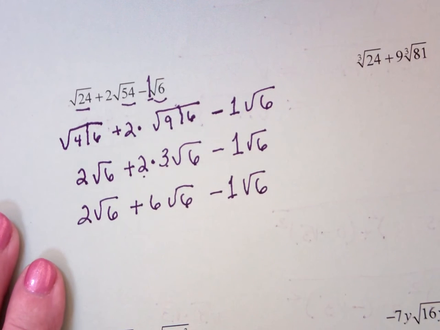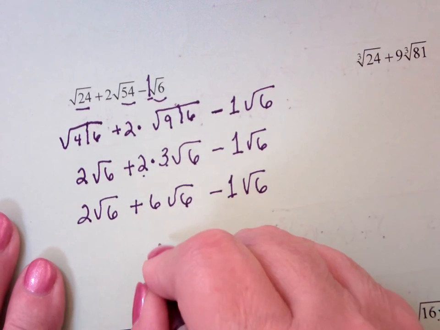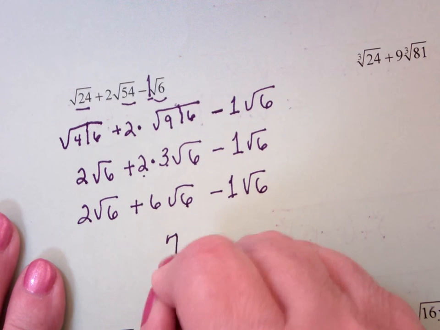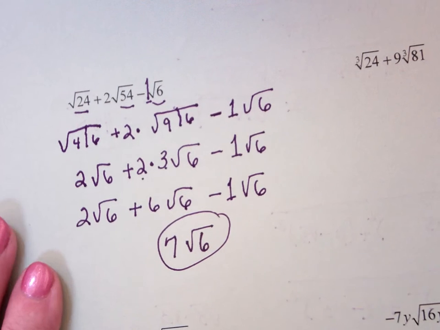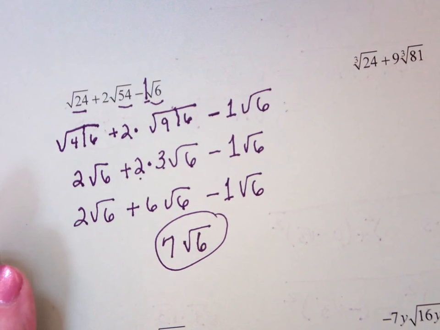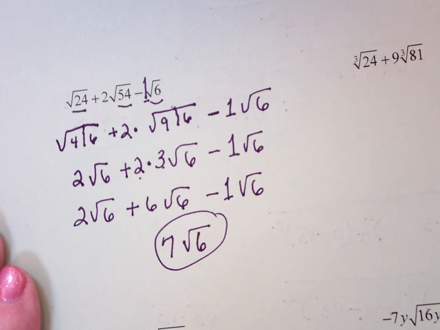So 2 square roots of 6 plus 6 square roots of 6 minus 1 square root of 6 is 7 square roots of 6. So it's like 2 circles plus 6 circles minus 1 circle is 7 circles, and it happens to be the square root of 6.